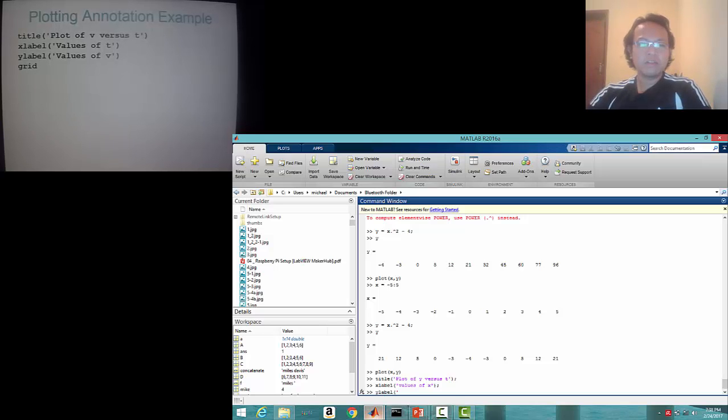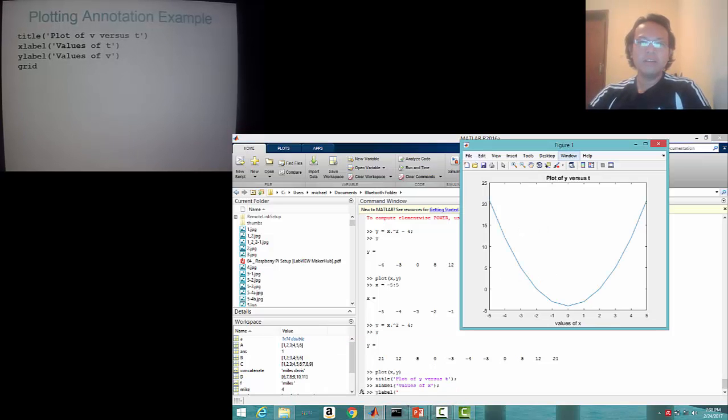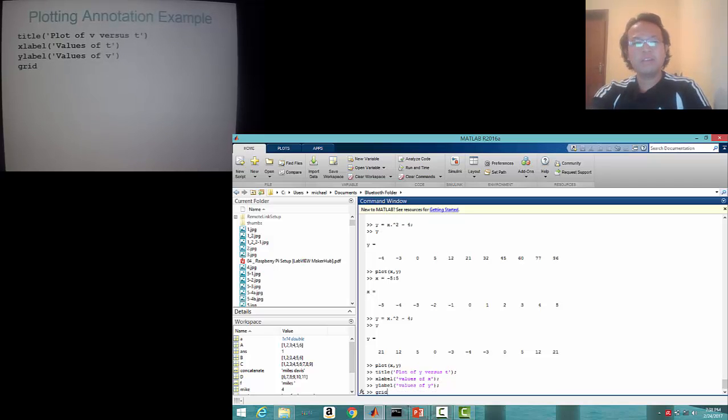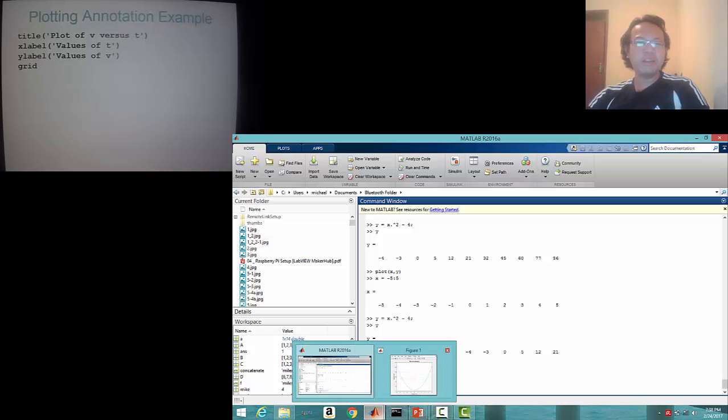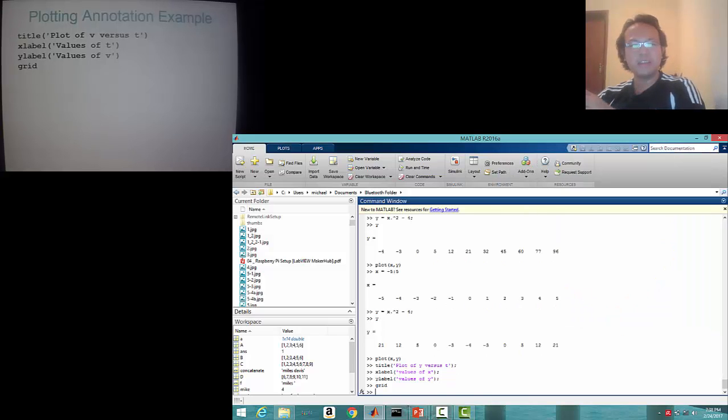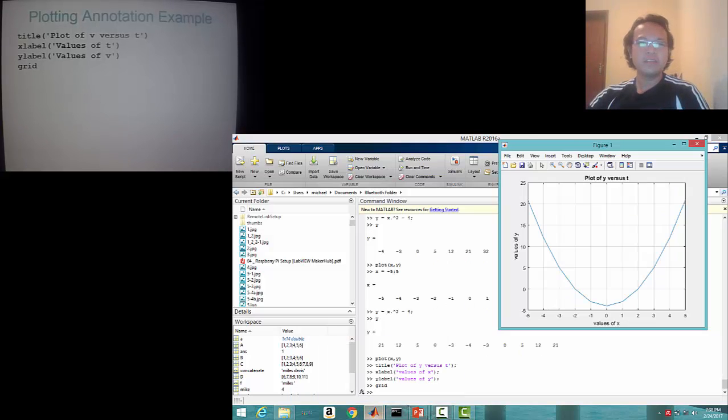By the way, let's look first at what will happen here. Okay, plot of y versus t, values of x, values of y, and grid. What do you think will pop up after that one? When you hit grid, we'll see. Here, these are the grids.